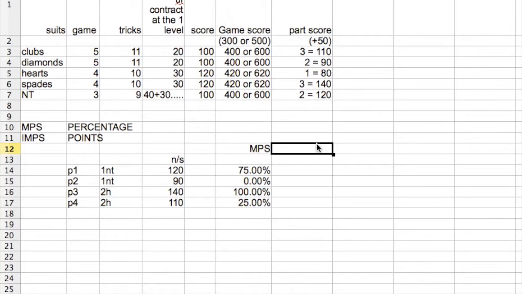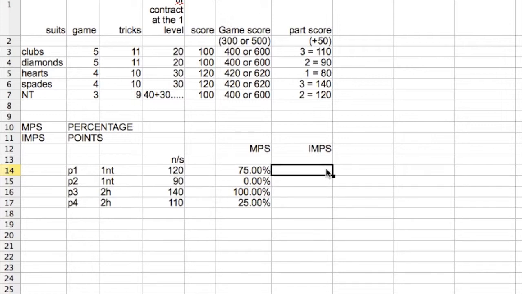Now, in IMPs, to be able to get the scores of the points, what you normally do is look at the contract on the card. So you look at 1 no trump, and it tells you if it's a +1, which means an overtrick, and what your IMP score is.